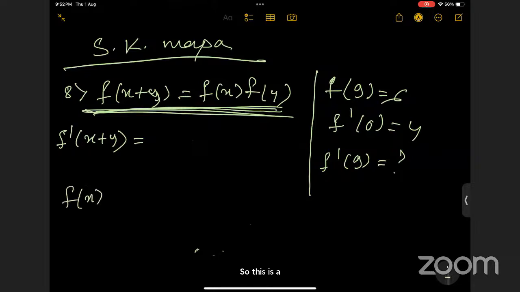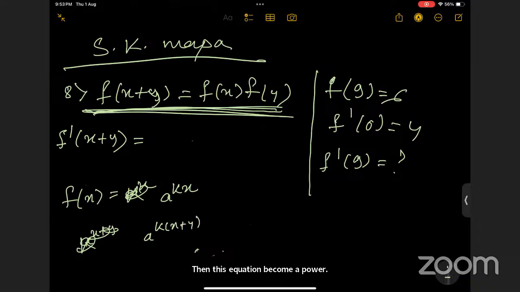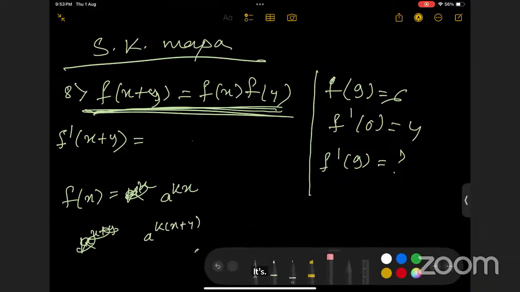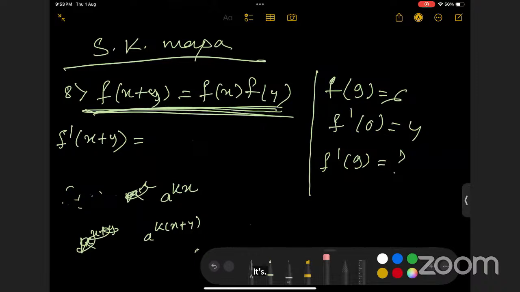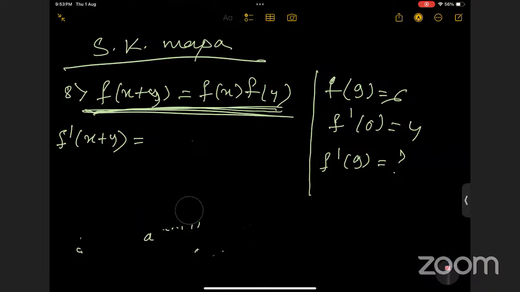So this is very hypothetical. This example, f of x equals exponential. That is what it has to be, k power x. Take it as a power kx.